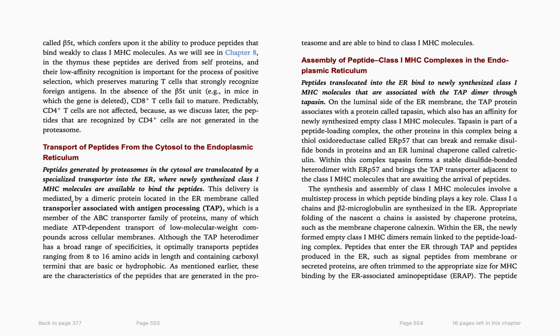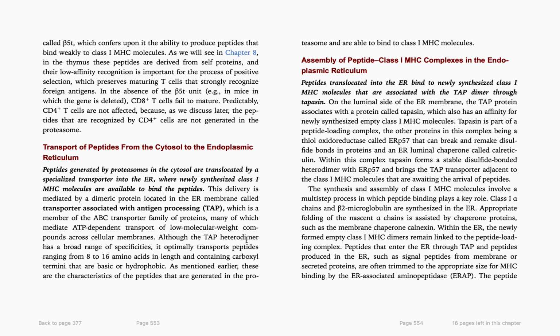This delivery is mediated by a heterodimeric protein located in the endoplasmic reticulum membrane called the transporter associated with antigen processing, TAP, which is a member of the ABC transporter family of proteins, many of which mediate ATP-dependent transport of low molecular weight compounds across the cellular membrane.